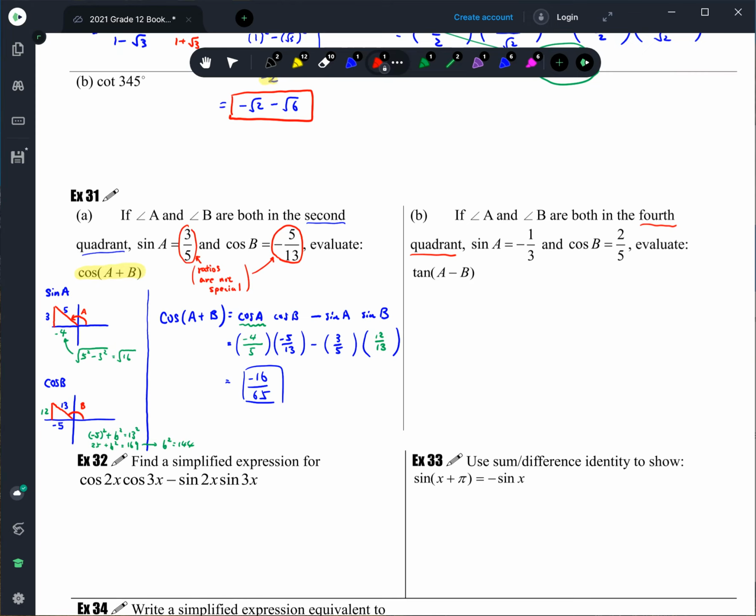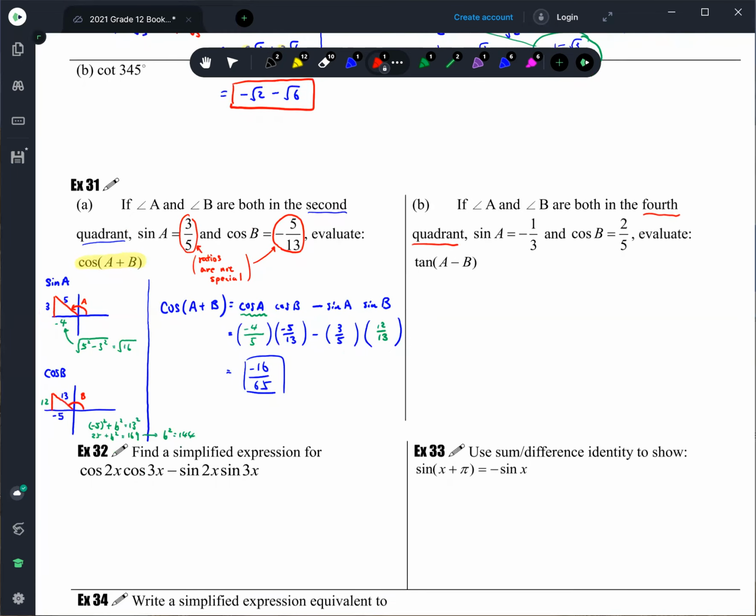Because this one is tangent, the expression will be a little bit more complicated. So just go as far as you can. We'll talk about simplifying together.